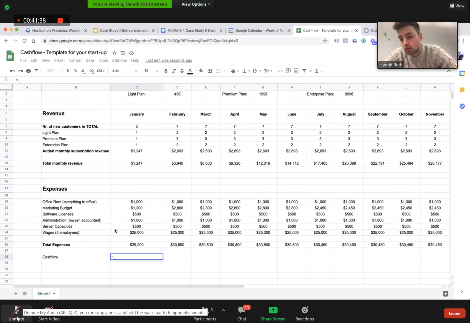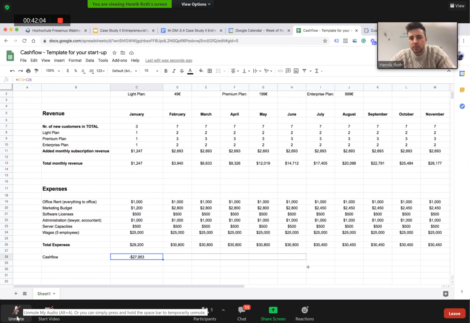Taxes, of course, turnover tax, and so on. But it's now just a simpler version of it. So here we have the total monthly revenue in January, right? So this is our income, and we take it minus the total expenses in January. Minus 28,000 euros. That's not good.